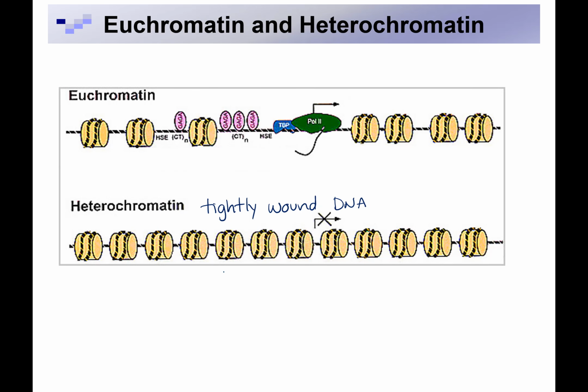Lots of histone proteins, no room for other proteins to get in and read that DNA. And the next topic we talk about is transcription or gene expression. Euchromatin is open for gene expression, for transcription.